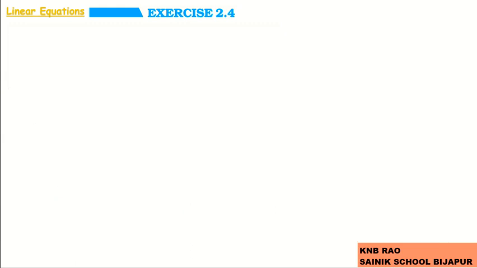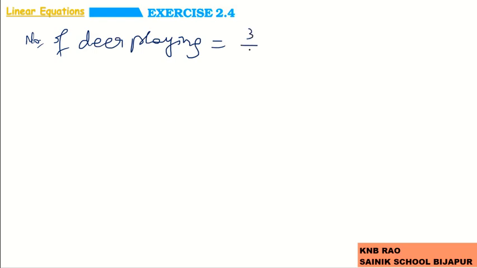Now, the number of deer playing is 3/4 of the rest of them, which equals 3x by 8.